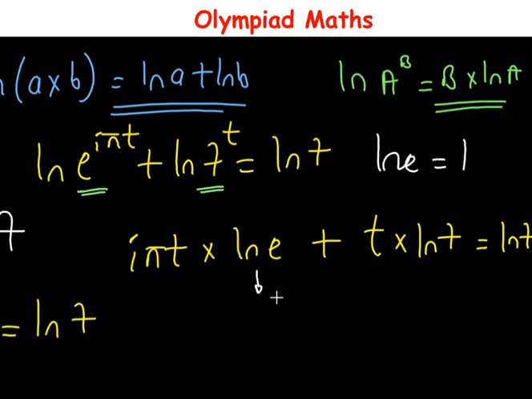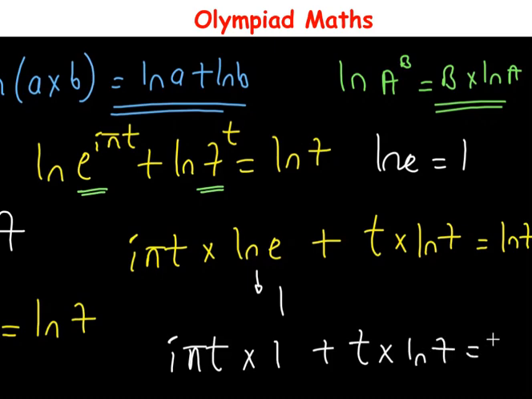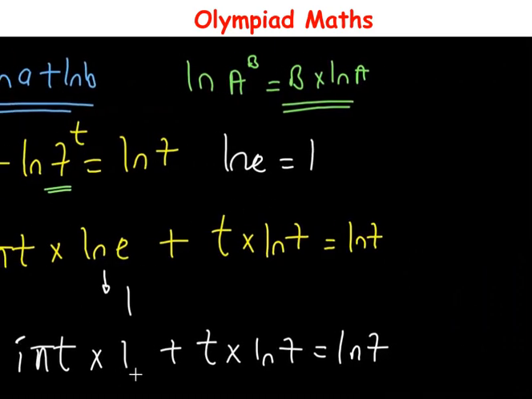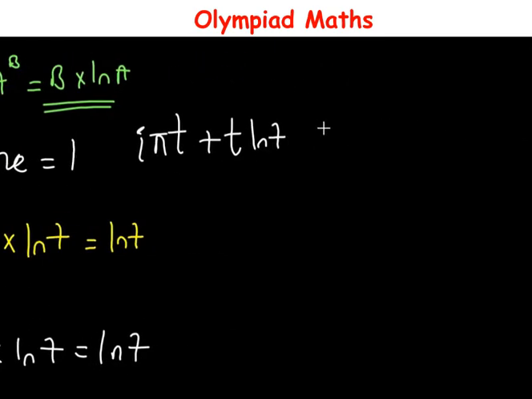So we have i pi t times 1 plus t times ln 7 is equal to ln 7. Multiplying i pi t times 1, the value is i pi t, plus t times ln 7, this equals ln 7.